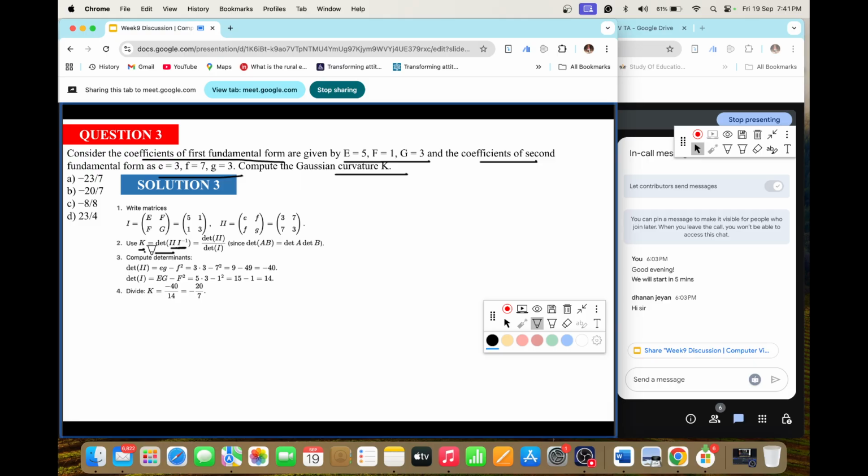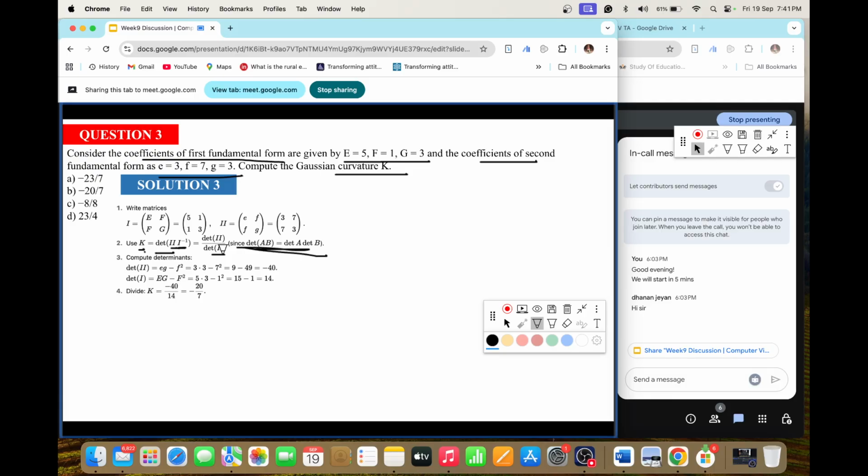Now we know the property of determinants: determinant AB can be written as determinant A into determinant B. Here B is an inverse, which is why we have written determinant of second divided by determinant of first.